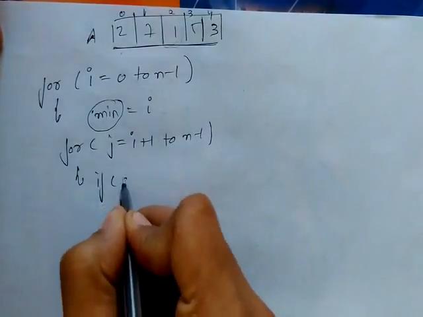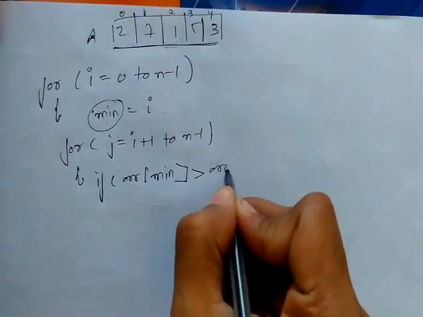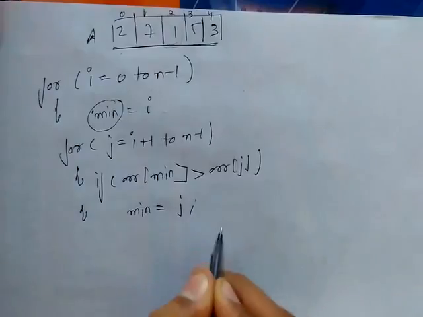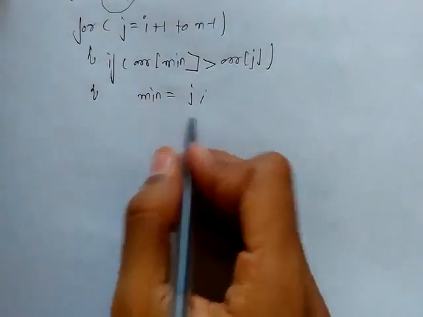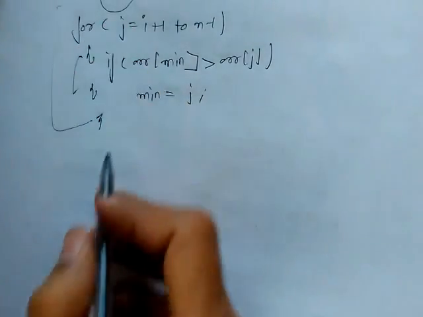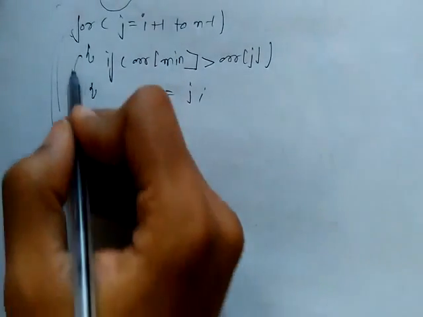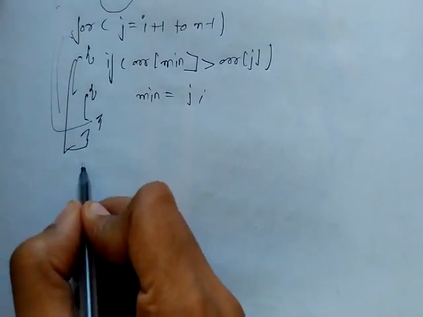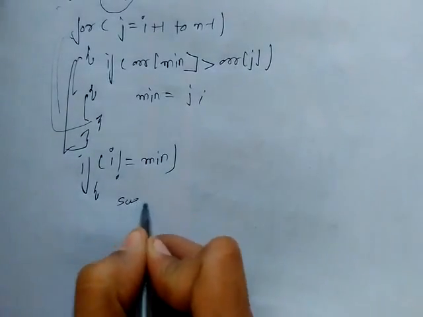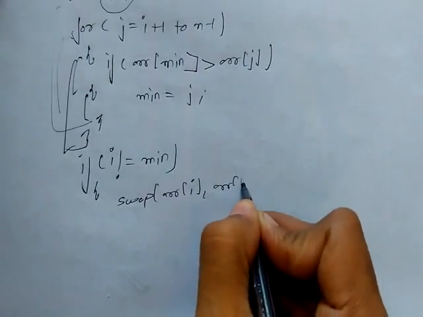And if array at minimum is greater than array at j, then minimum will be assigned j, and this for loop will be closed here. And if i is not equal to minimum, then I will swap array of i and array of minimum.